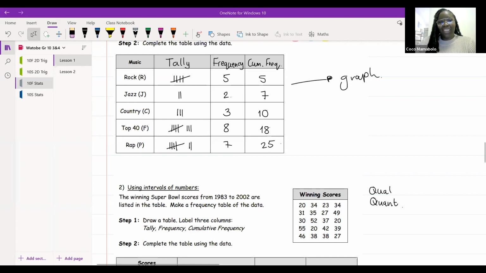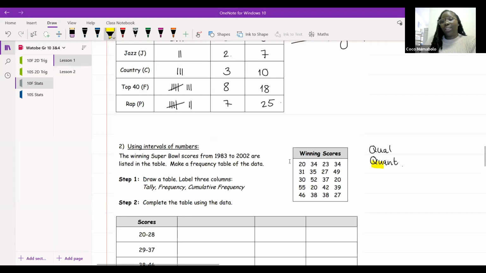Ma'am, I wanted to ask, what's the difference between quantitative and quantity? Because I came in late, so I didn't catch the definition. Okay, quantity means when we're counting numbers. Do you notice how the information we've been given here is different numbers? That's quantity, because it's numbers.